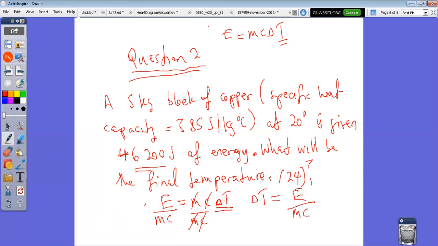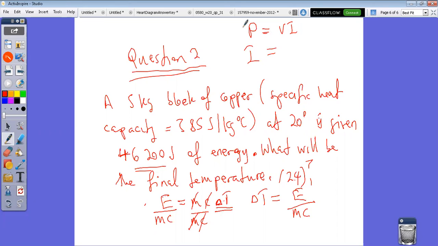So one aspect of physics, to be good in physics, is to know how to change subjects of the formula. If you are given any formula, you should be able to play around with formulas. Clear? For example, if I have power P is equal to VI, and I want to make I the subject of the formula, what will be the formula here?